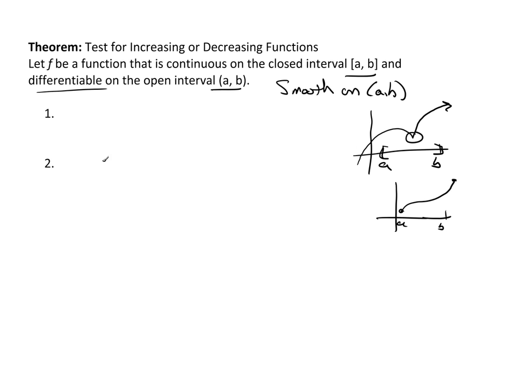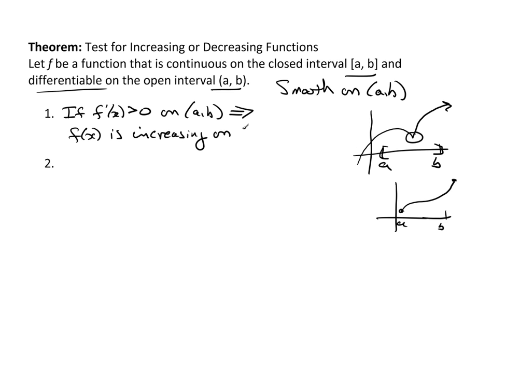Okay, so under those conditions, if f prime of x, the first derivative, is greater than 0 on that open interval a to b, then f of x is increasing on the closed interval a to b.